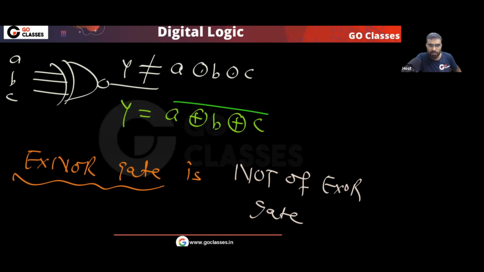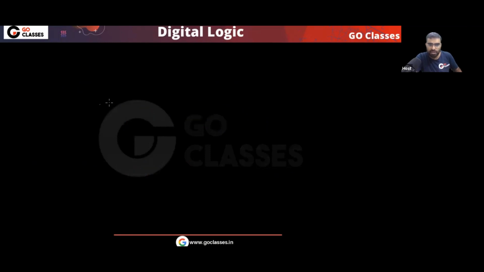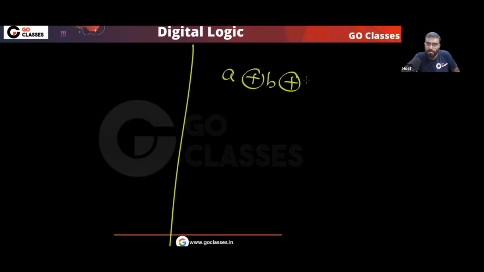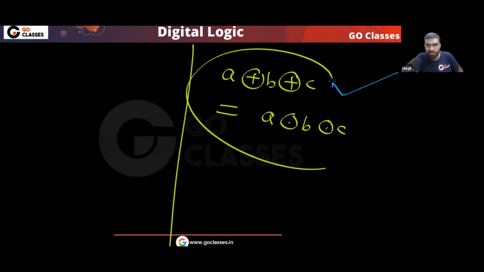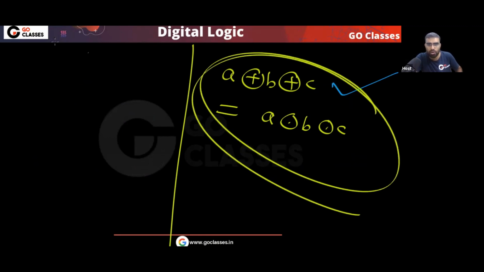We know that if you have 3 input variables, please understand the difference, then these two will be the same: A XOR B XOR C is the same as A XNOR B XNOR C. This is always correct.